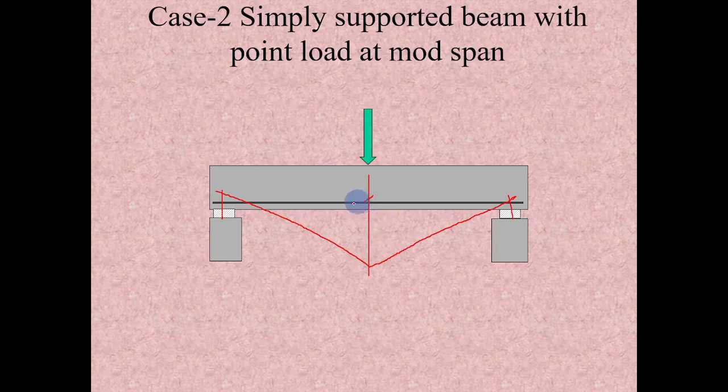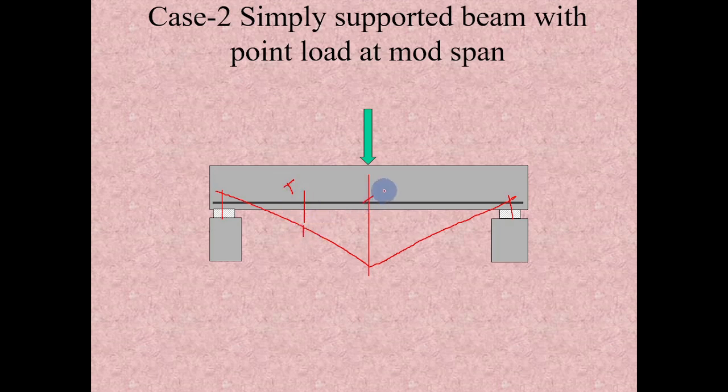And let's consider one more section somewhere either towards left or right of this peak point. Let's consider here. Let us assume the tensile force developed in this reinforcement is T, which is directly proportional to this moment.